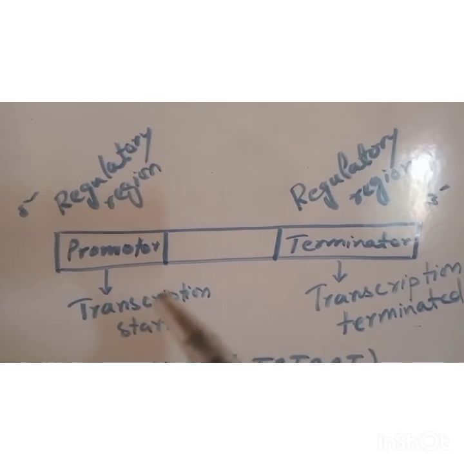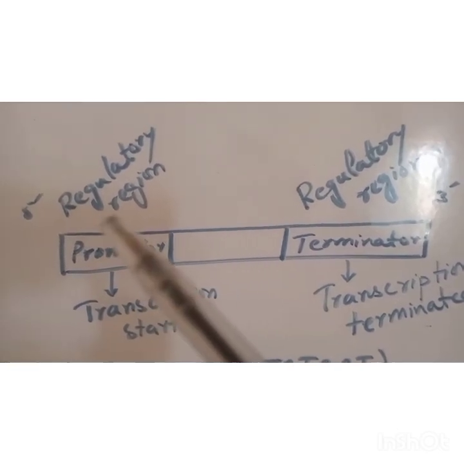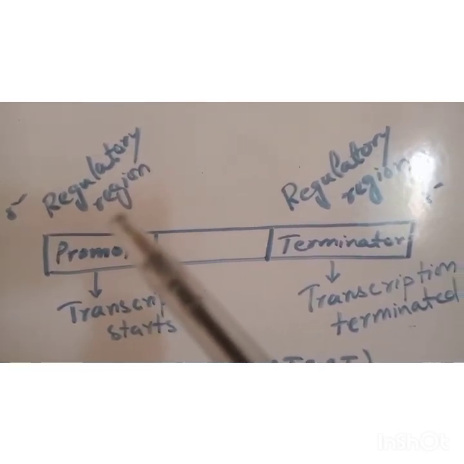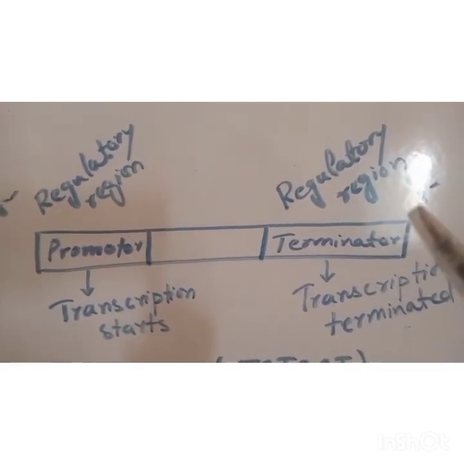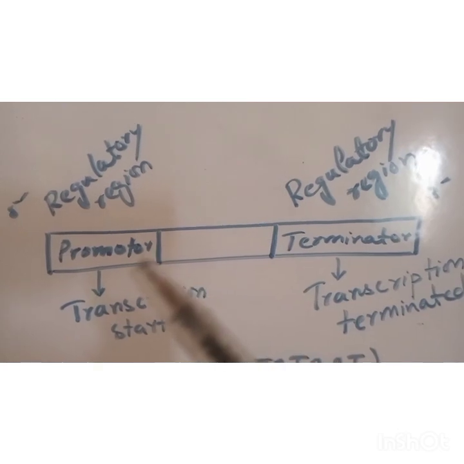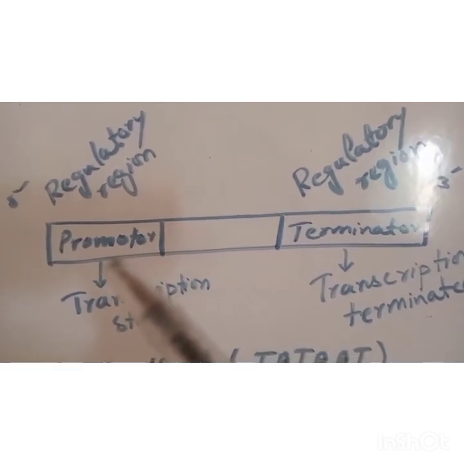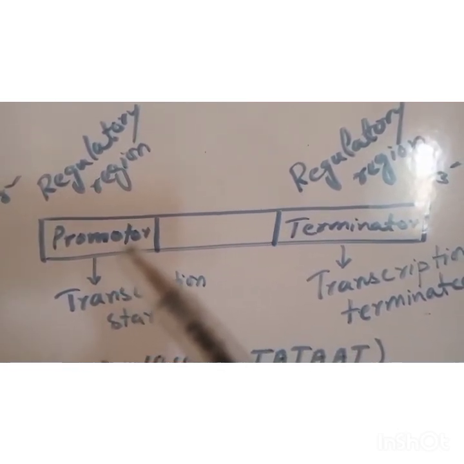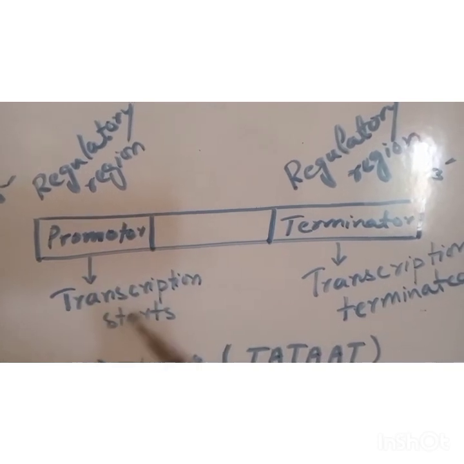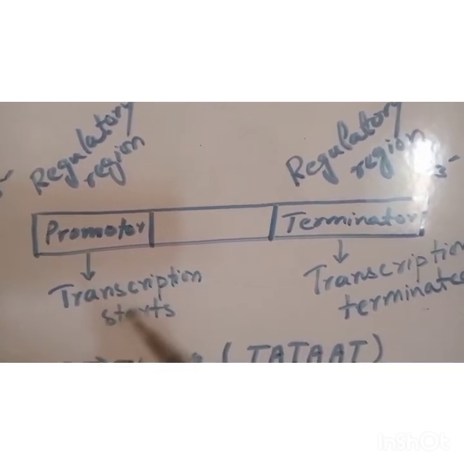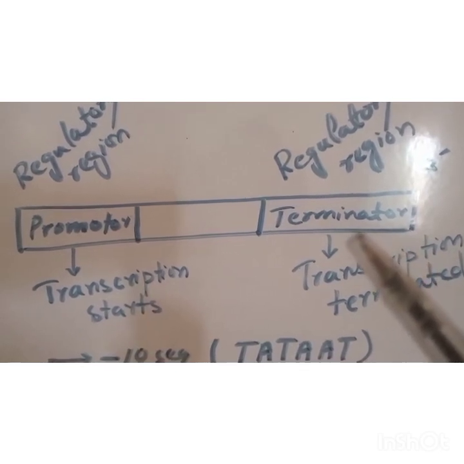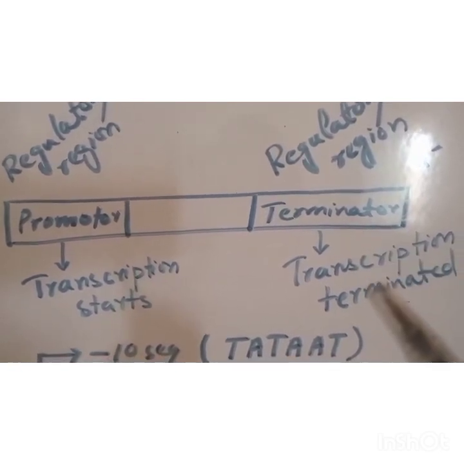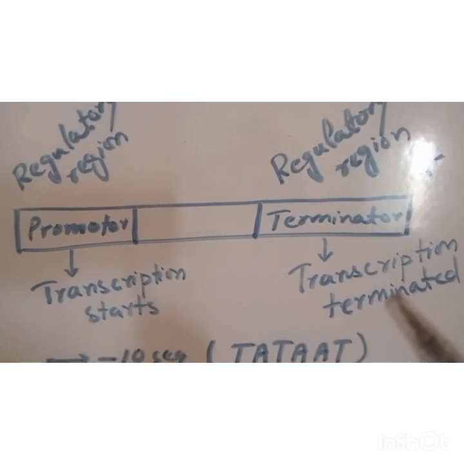This is the structure of a gene, in which regulatory regions are present at the 5' end as well as at the 3' end. At the 5' end, there is a promoter region where the transcription starts, while at the 3' end, the terminator region is present where the transcription is terminated.